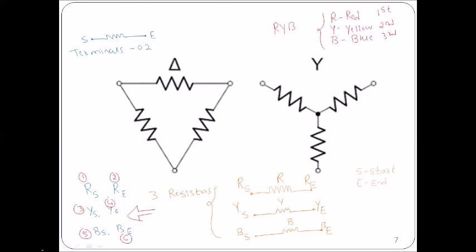Right. Now I will explain the meaning of star and delta connection. But the basics that I have explained, you should be able to remember, right? Because we got to know that in a three-phase load there will be six terminals.